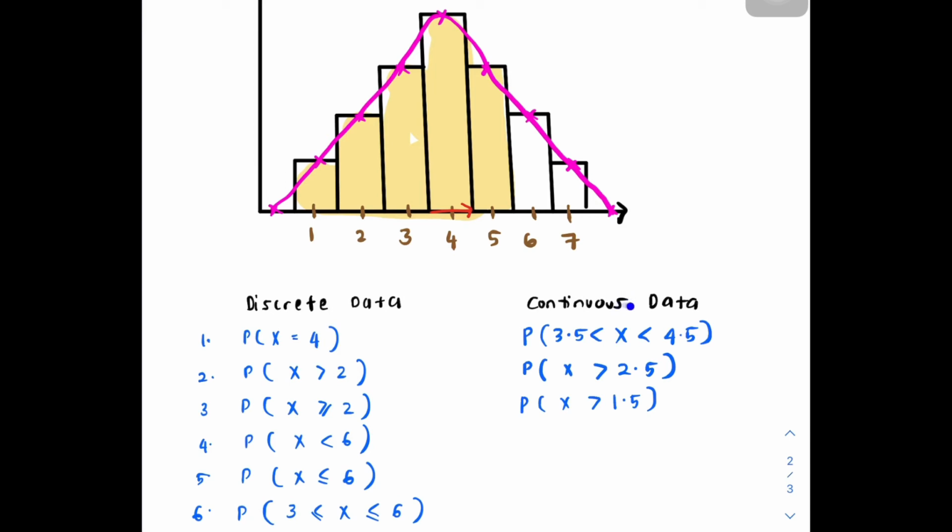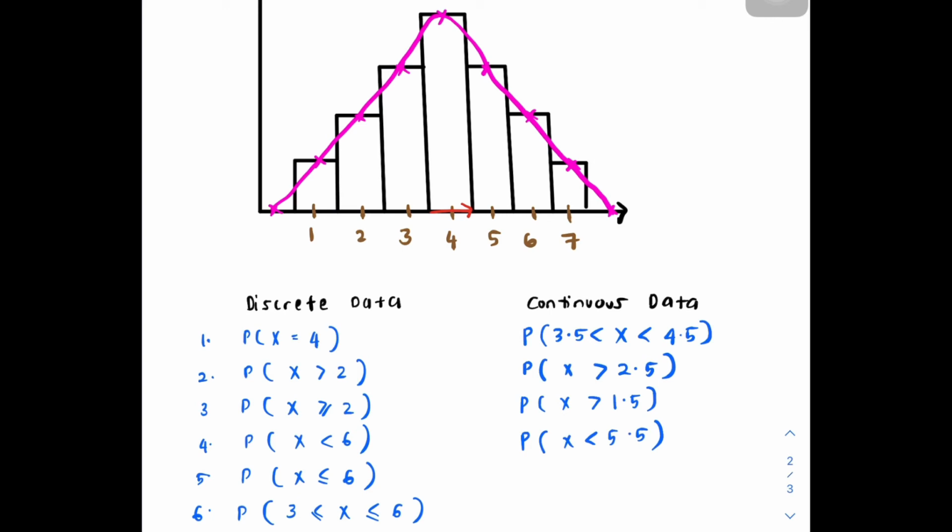Then when you convert to the continuous data, bar number 5 here actually ends at this value, which is 5.5. So you can write the probability x is less than 5.5. Meaning that when you convert to the continuous data, you refer to the pink color graph too. The pink color graph starts from this point and below.